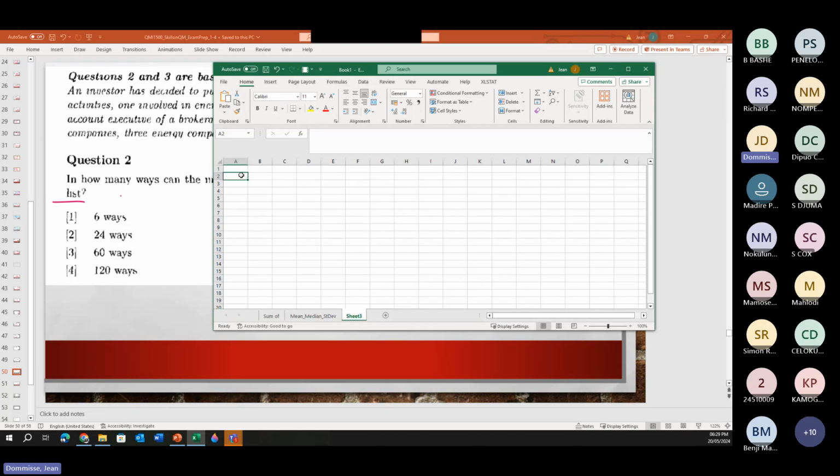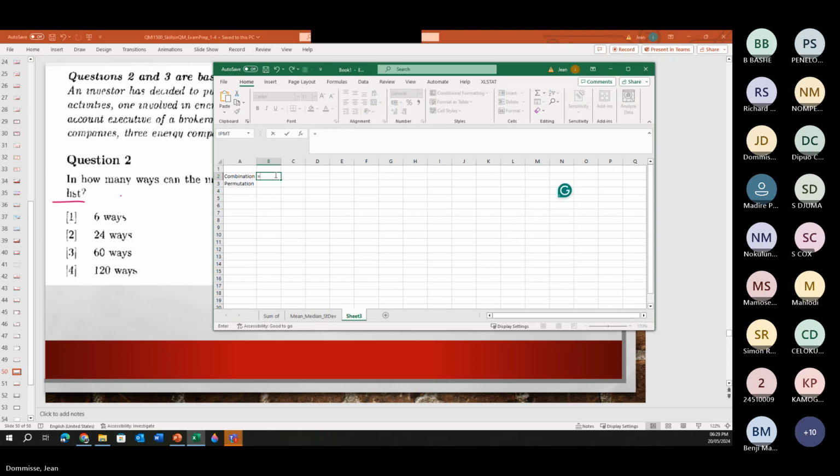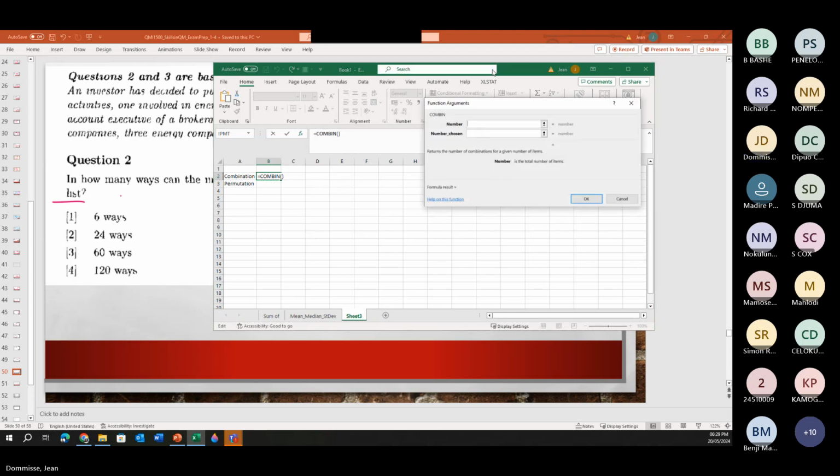So let's see, combinations, permutations. Okay, so combination returns the number of combinations.